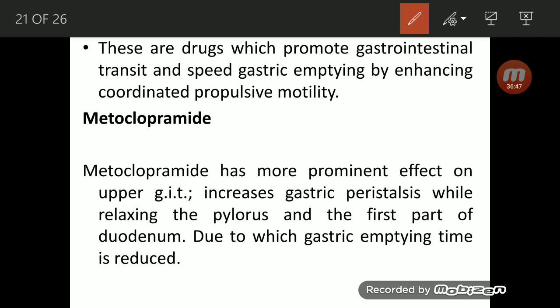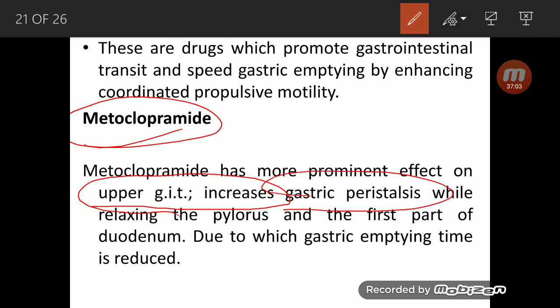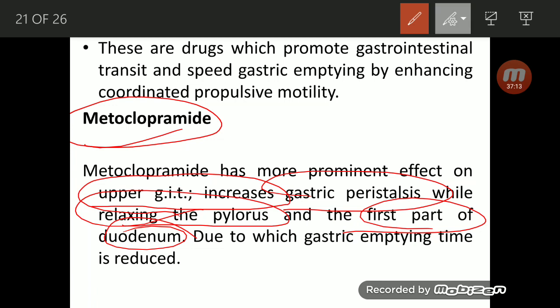One of the drugs which comes under prokinetics is metoclopramide. Metoclopramide shows its action generally on your upper GI tract, and it increases gastric peristalsis while relaxing your pylorus, along with the first part of your duodenum.